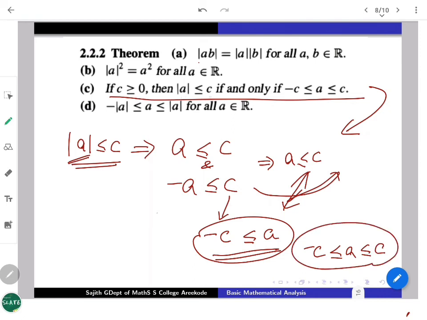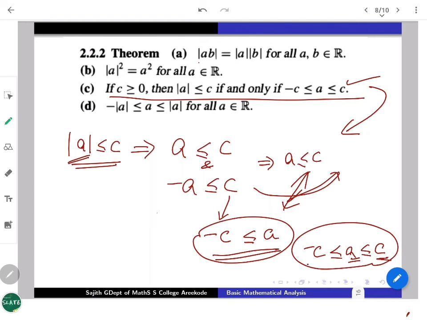So starting from here, I get this by exploding the inequality, the modulus. Modulus A less than or equal to C, I am trying to explode. I can just get rid of that modulus sign by writing that A should be at a distance of C units, either to the left or to the right. That is what it says.